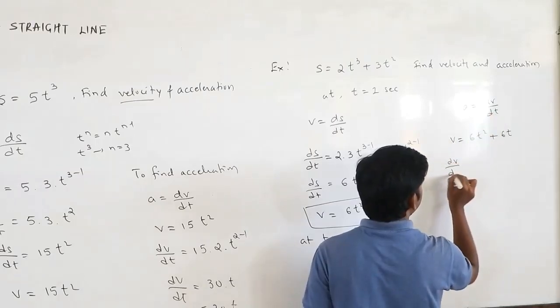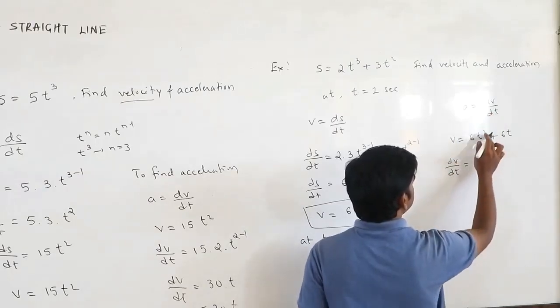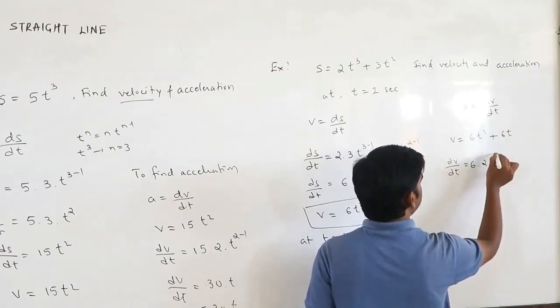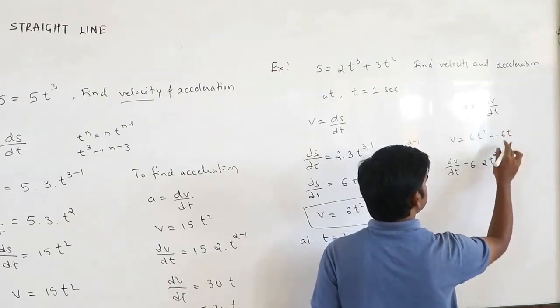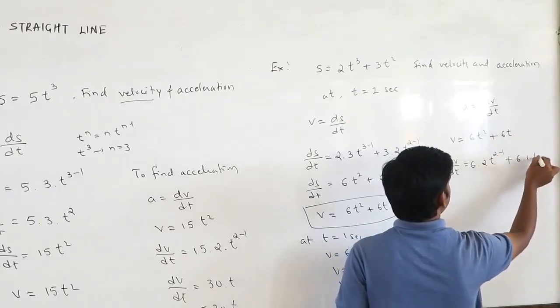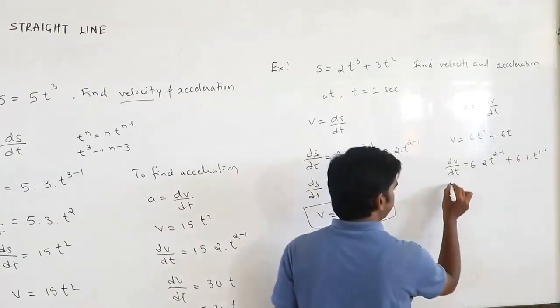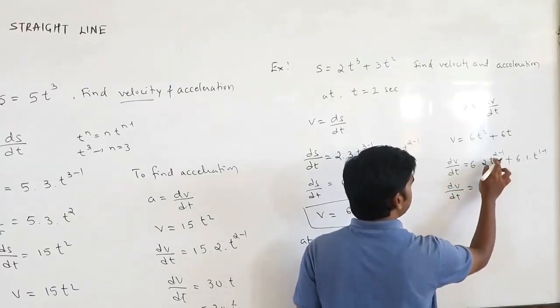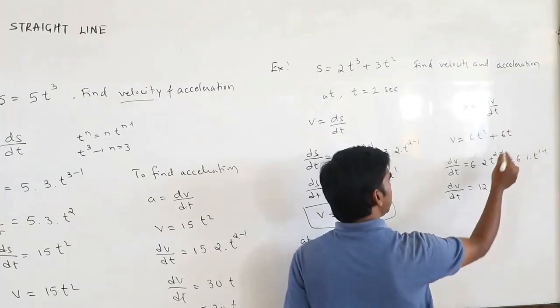So dv by dt is equals to 6 write as it is, t square 2 into t raised to 2 minus 1, plus 6 into t raised to 1 means 1 into t raised to 1 minus 1. dv by dt is equals to 12 into t raised to 2 minus 1 means what? 1.